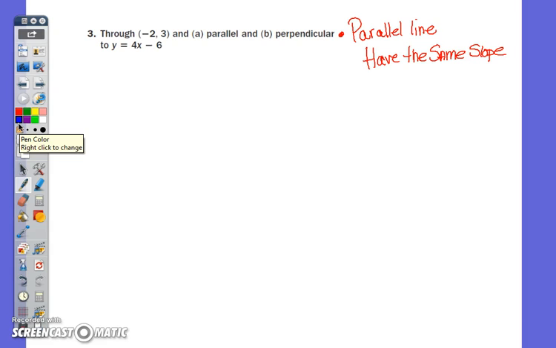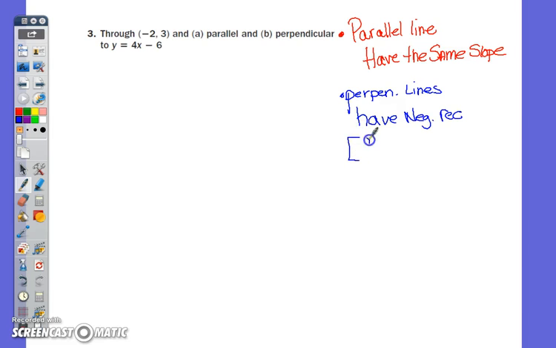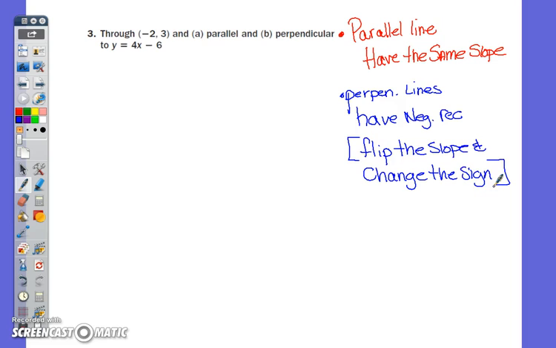They have negative reciprocal slopes, or we flip the slope and change the sign. So those are the two big things you need to know.